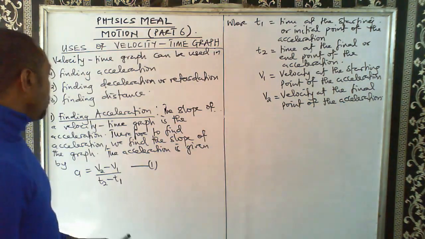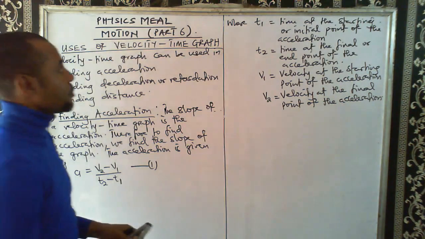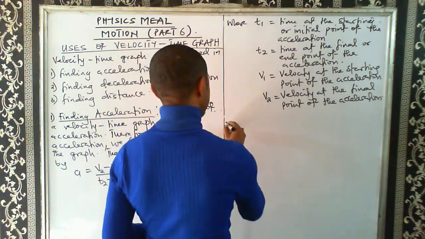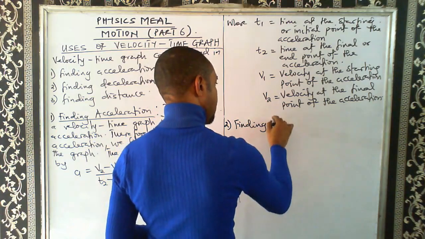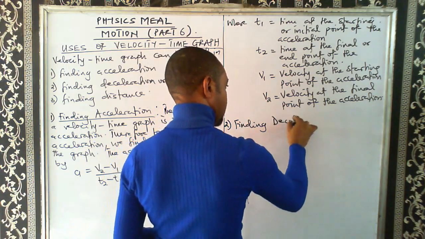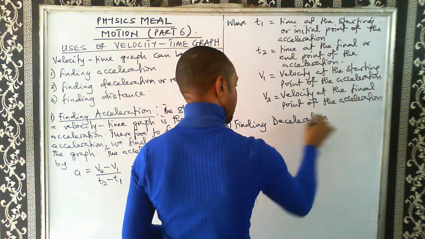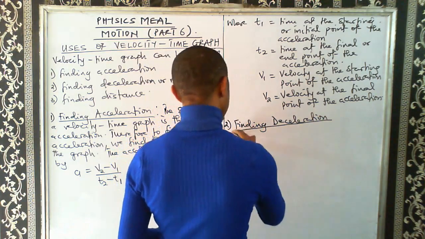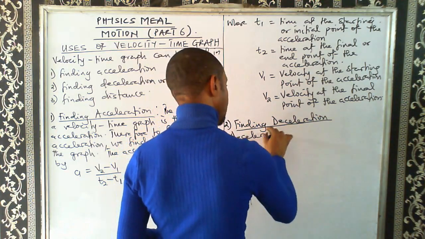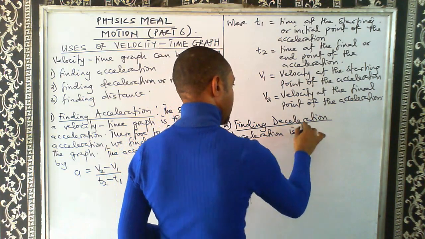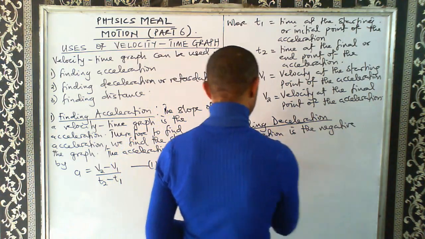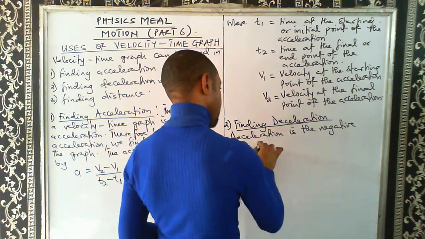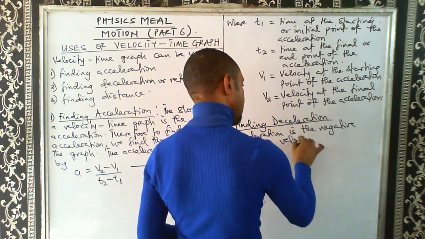Okay, now let's find deceleration. Number 2, finding deceleration. Deceleration is the negative slope in a velocity time graph.